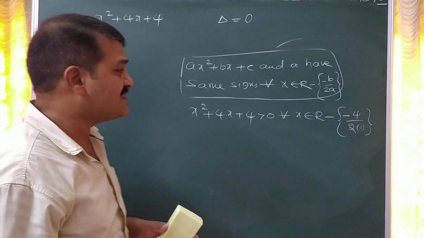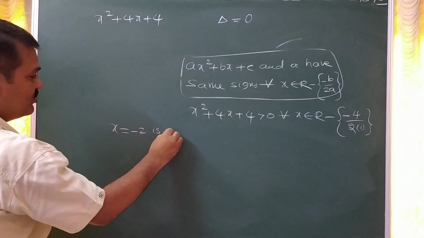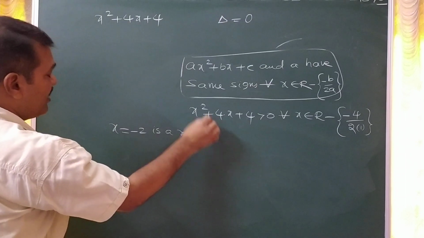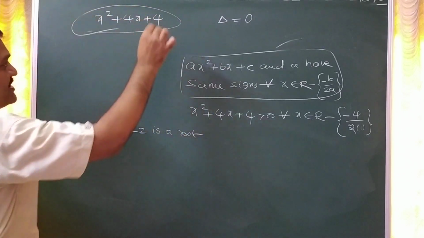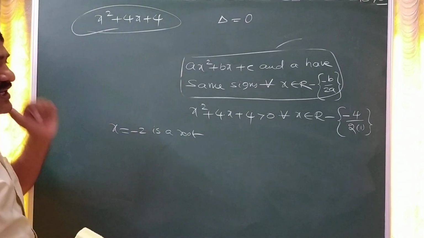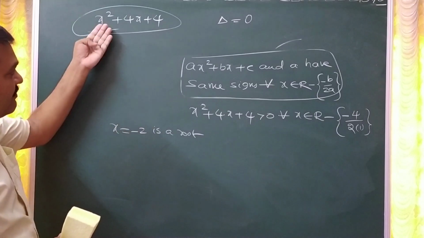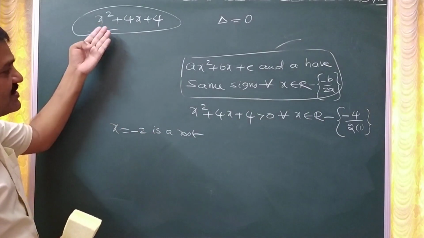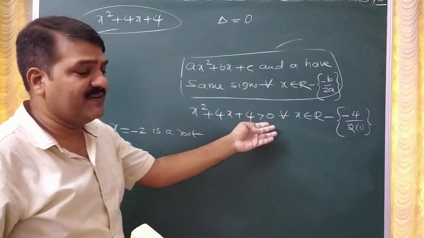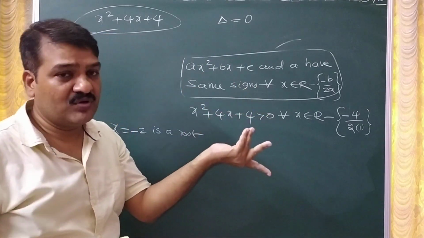Why? Because x is equal to minus 2 is a root of x square plus 4x plus 4 is equal to 0. This is a root of the equation. When you substitute minus 2, you will get 0, but you will not get positive. Same signs means either positive or negative, no?